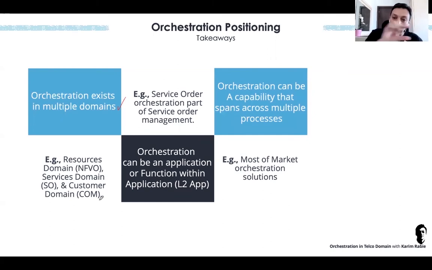Orchestration can be a capability that spans across multiple processes. And I'm telling you, the majority of the orchestrators in the market are thinking with the same mentality. In any orchestrator in the market, you will find a catalog, coming from the strategy process. You will find an inventory coming from the OSR. You will find an order management coming from the fulfillment. And you will find some assurance capabilities coming from the assurance.